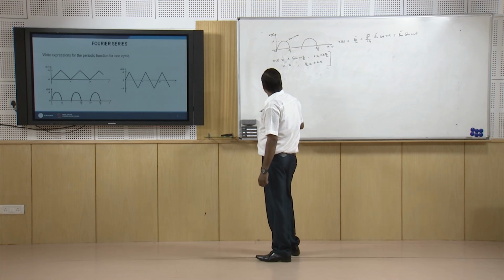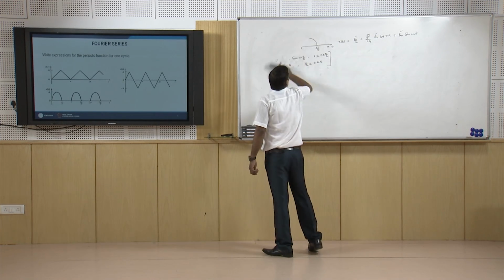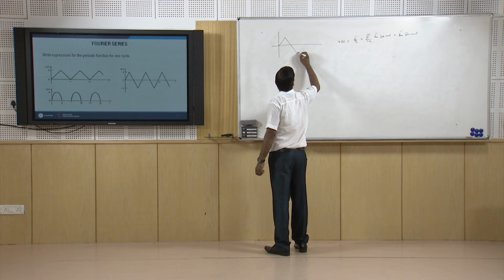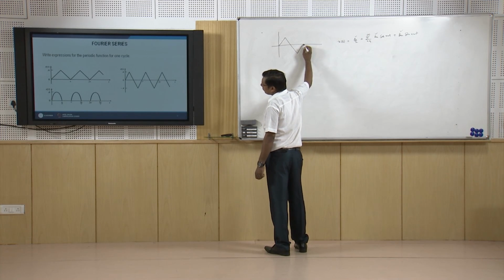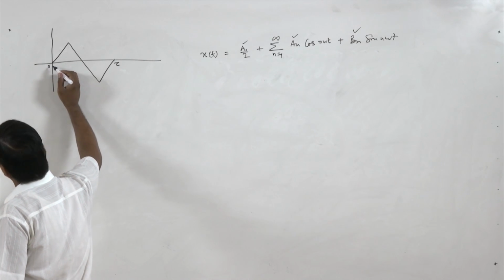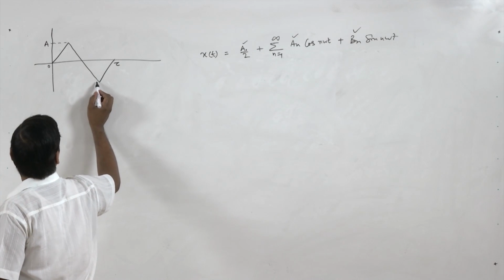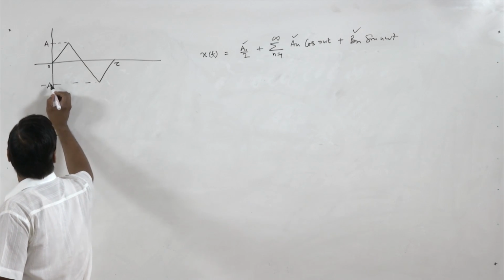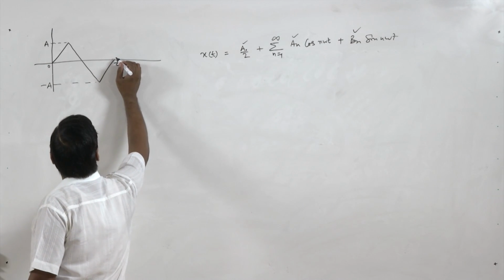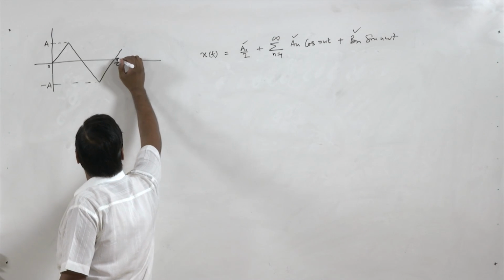Now we have another periodic function. Of course this cycle is repeating after this tau.